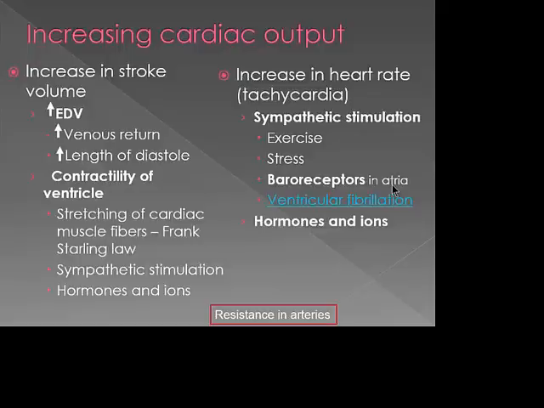So think of what the heart is going to say to itself. Oh, I have more blood in the atria. I need to get rid of this extra blood. What would be one way of getting rid of this extra blood? If I increase my heart rate, I can push more blood out. So baroreceptors in the atria help to stimulate the sympathetic nervous system and again get your heart rate up.